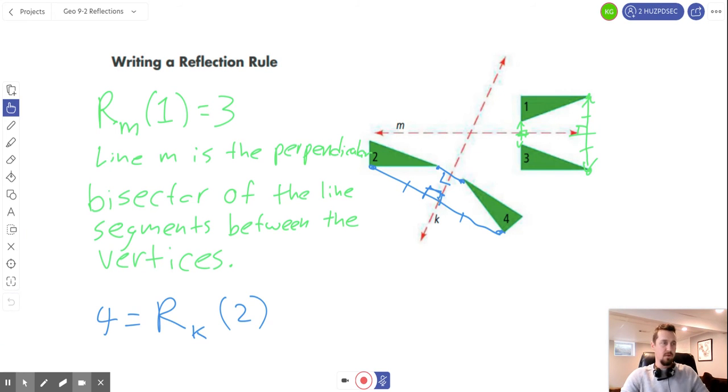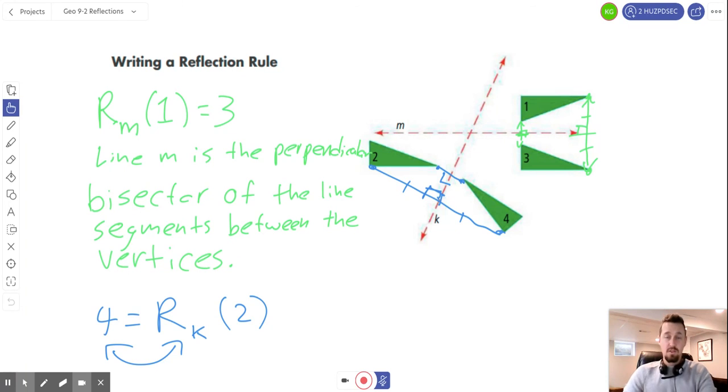So just like a normal equation, you can switch which side they are. These could go on either side of this equal sign, and it would always end up being true. In this case, we could also switch the 4 and the 2, just like 4 is a reflection of 2, 2 is a reflection of 4.